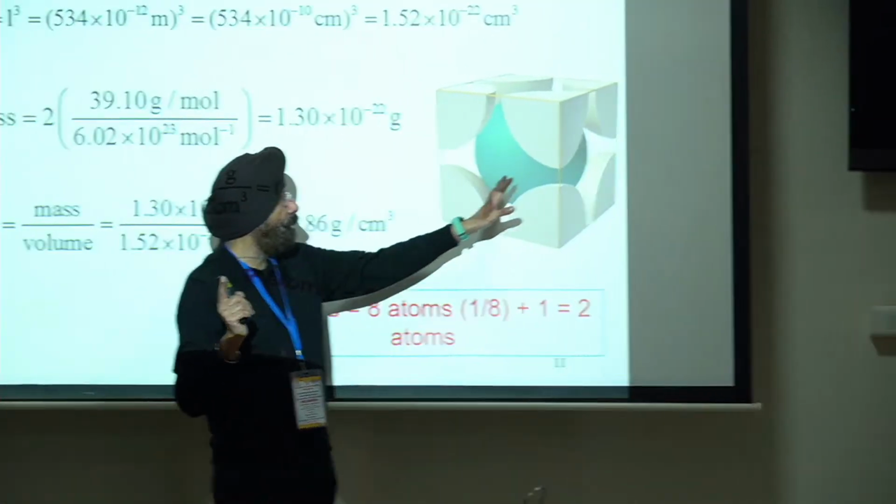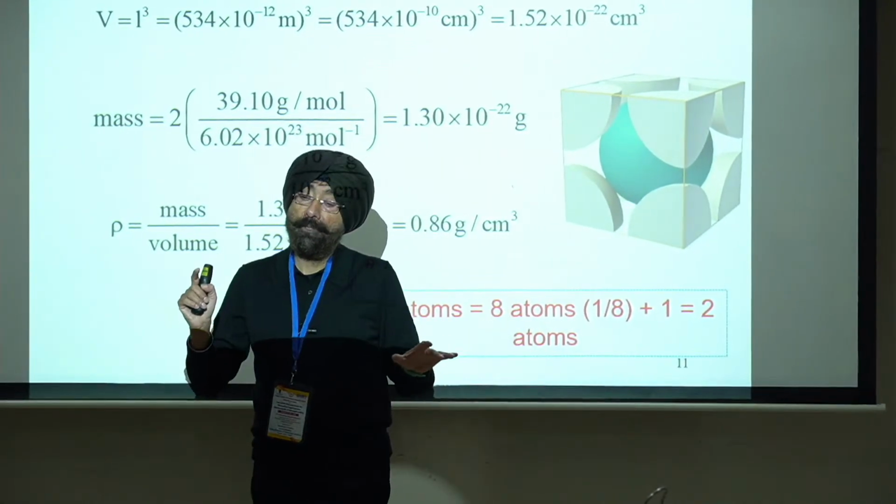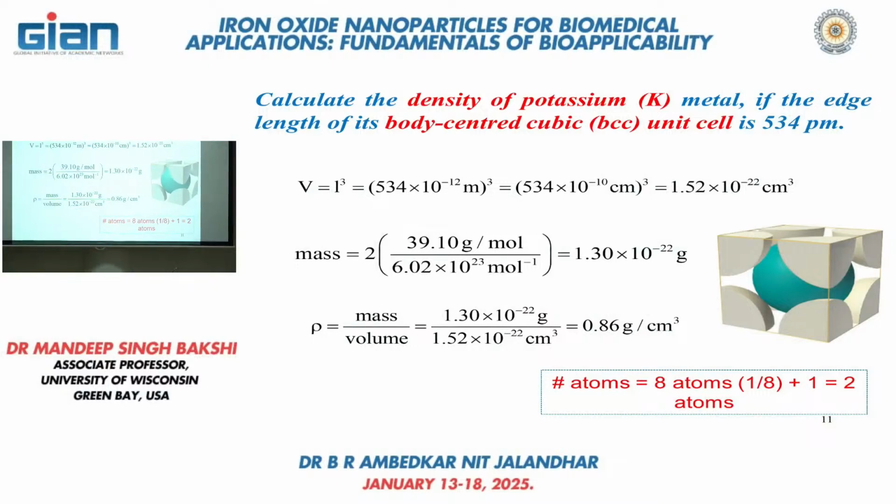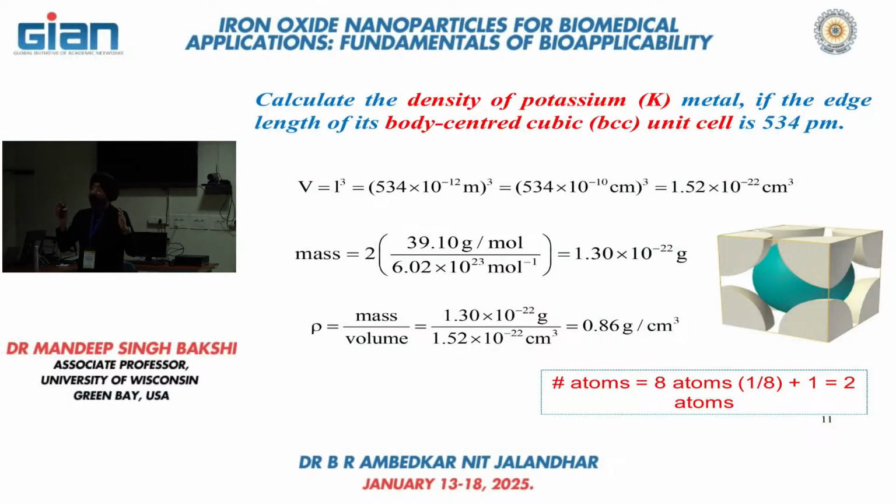Keep one thing in your mind: most of the exam questions will not tell you how many atoms are included, how many atoms equivalent are included in the unit cell for the simple cube, body-centered cube or face-centered cube. This you have to decide, right?